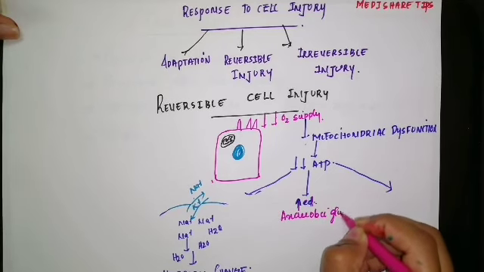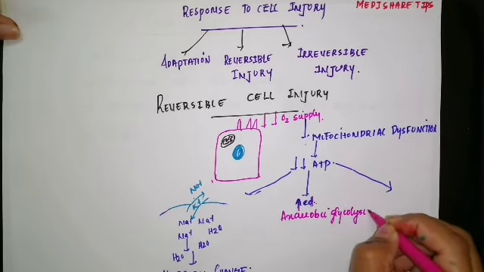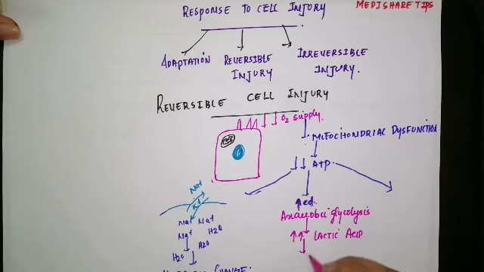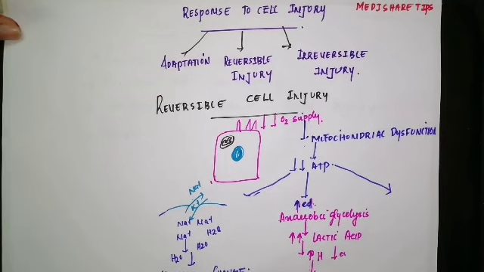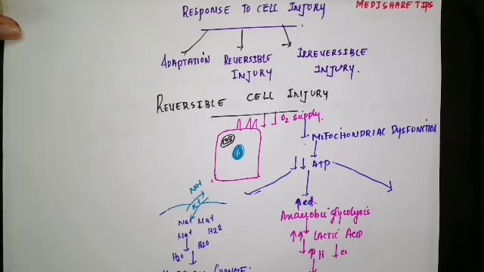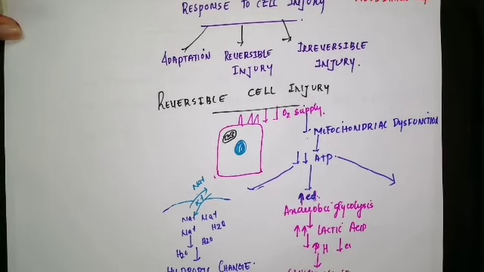We know that the product of anaerobic glycolysis is lactic acid. So when this lactic acid increases, the pH of the cell will decrease. When the pH decreases or it becomes acidic, there will be clumping of nuclear chromatin.